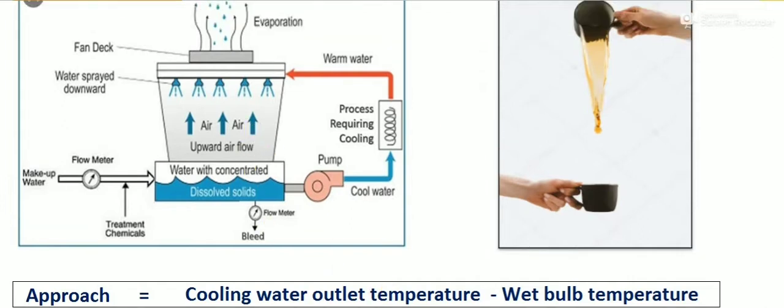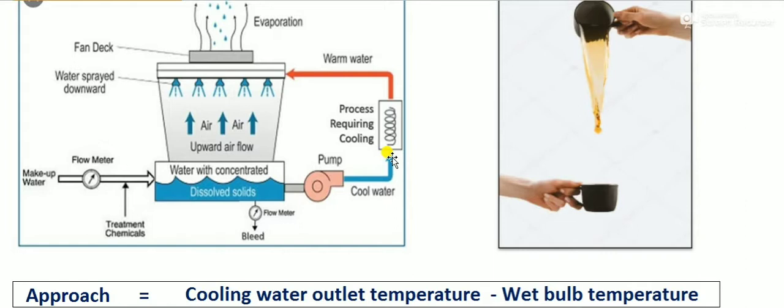First, I will tell the parameters and the nomenclature we have given here. Hot water temperature is the return from the exchangers and condensers, the inlet to the cooling tower. Cold water is what we supply from the cooling tower outlet to the exchanger. Wet bulb temperature is the ambient temperature measured with a wet wick thermometer.